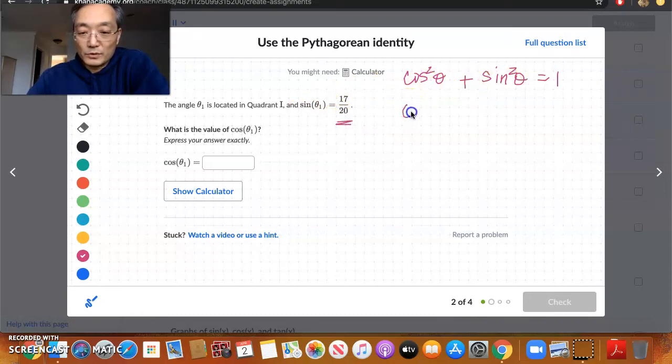So I'm going to get cosine squared theta. You can call it theta 1 or you can call it theta, it doesn't matter. Plus 17 over 20 squared. We just did a substitution here for sine theta. That's equal to 1.